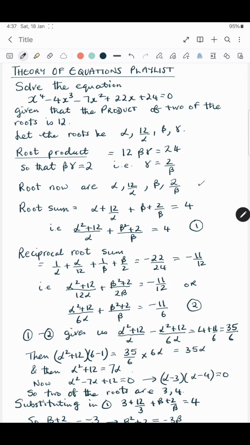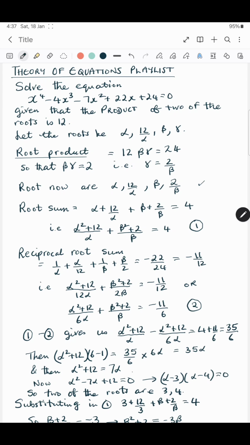And the root sum can be expressed as alpha plus 12 over alpha plus beta plus 2 over beta equals 4, because that is the negative of the cube term, theory of equations.